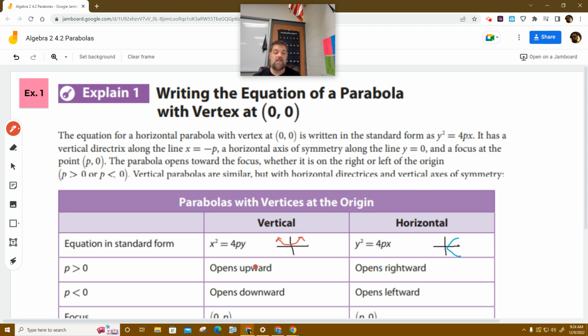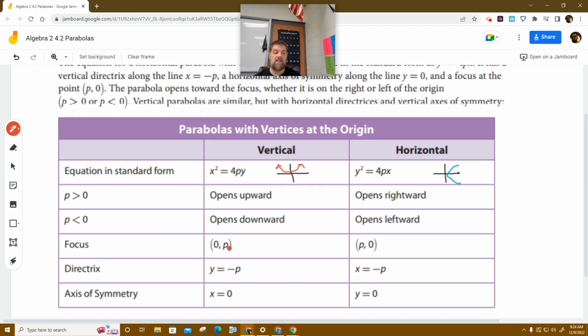Okay. And so here's some key things that you guys should know. That if p is a positive number, right? So if p is positive, that's a fancy way of saying p is greater than 0, then it's going to open up. So my graph will open up.